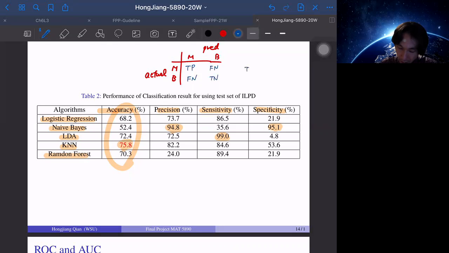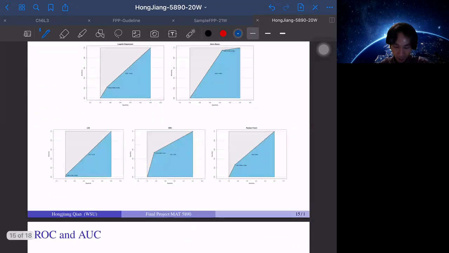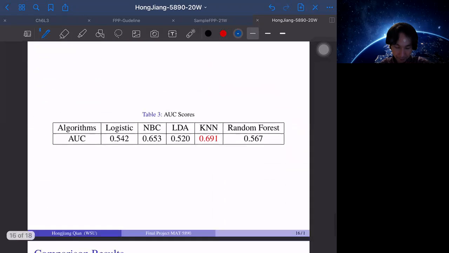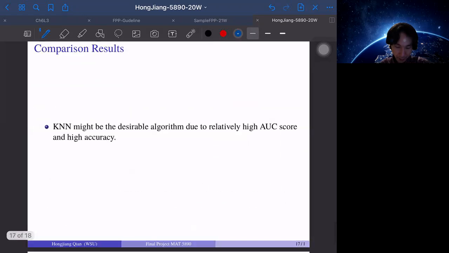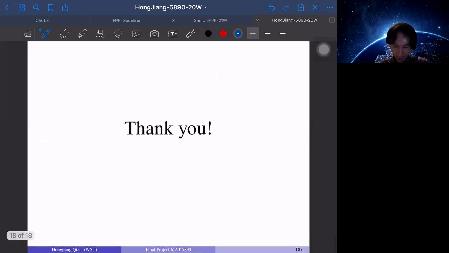The accuracy is TP plus TN over the summation TP, TN, FN, FP. In terms of accuracy, he concluded that KNN is the best. He also compared ROC curves and compared the results.